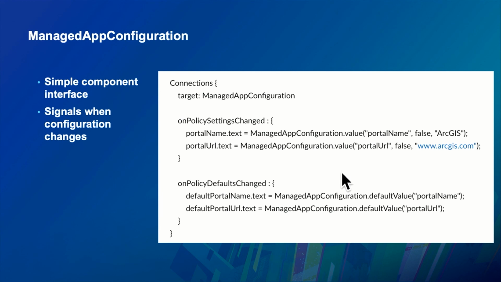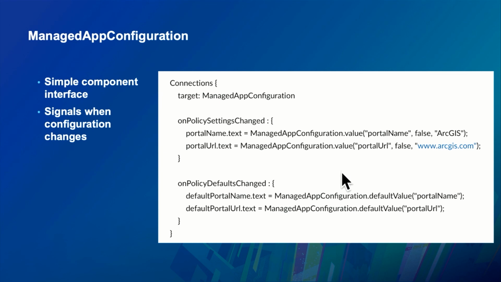You've got to think of it like a settings file, but it's not a settings file managed in the app, it's a settings file managed by the mobile device management system. Now, it can have defaults in it that you can read out of it, so that if you're not running on an MDM, you've just got default values. But if you are running on an MDM, then the MDM can push new values into that same settings configuration.